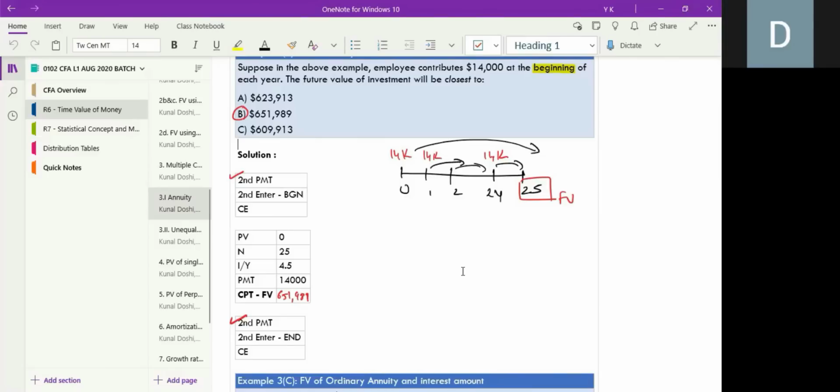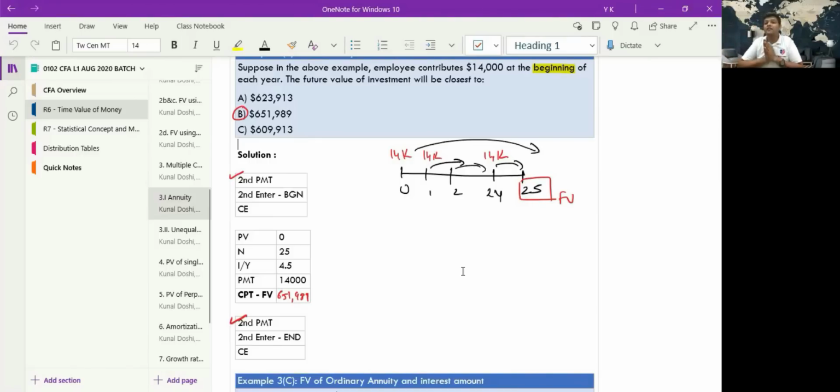So I need to change the mode into beginning so that it captures the cash flow from today itself and takes all the 25 cash flows. Even though the last cash flow is at the end of 24th year, since I changed the mode of the calculator, it will automatically throw me not at the end of 24th, but a year ahead, which is 25th.